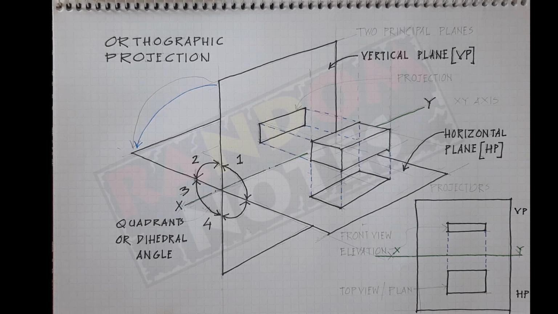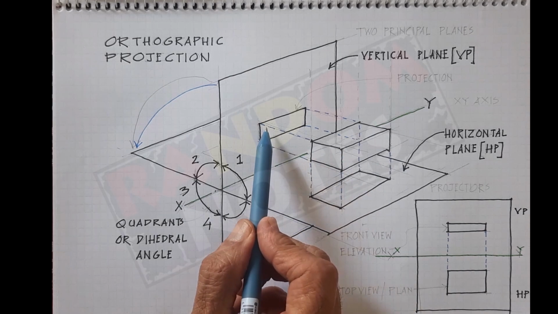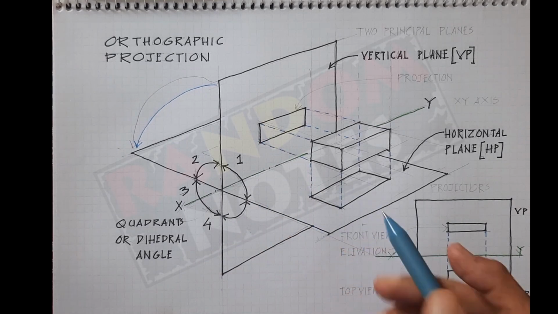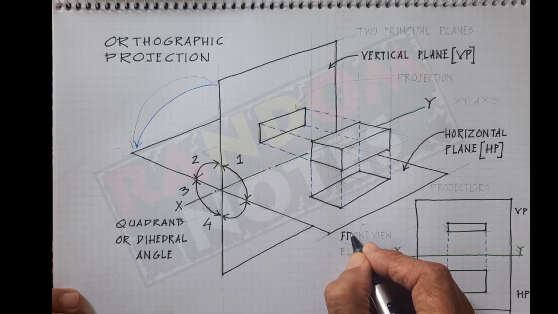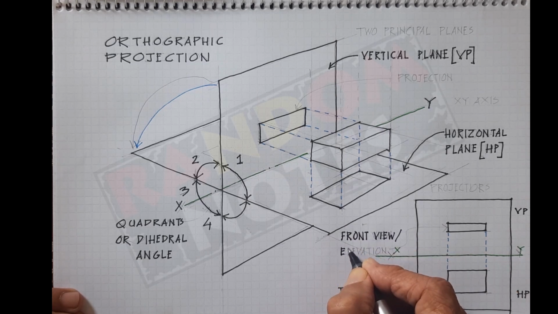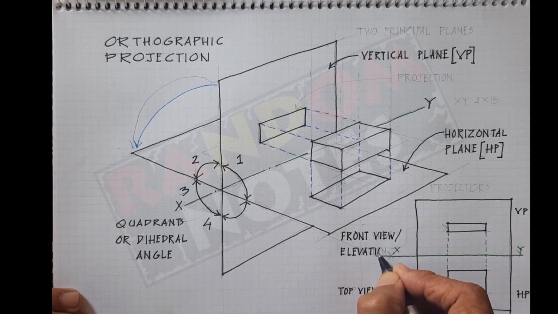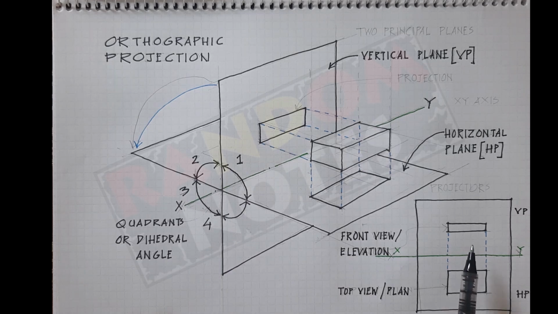So, orthographic projections help us to create two-dimensional drawings. That is, in this case, the three-dimensional situation has been converted into plan or top view, front view or the elevation.